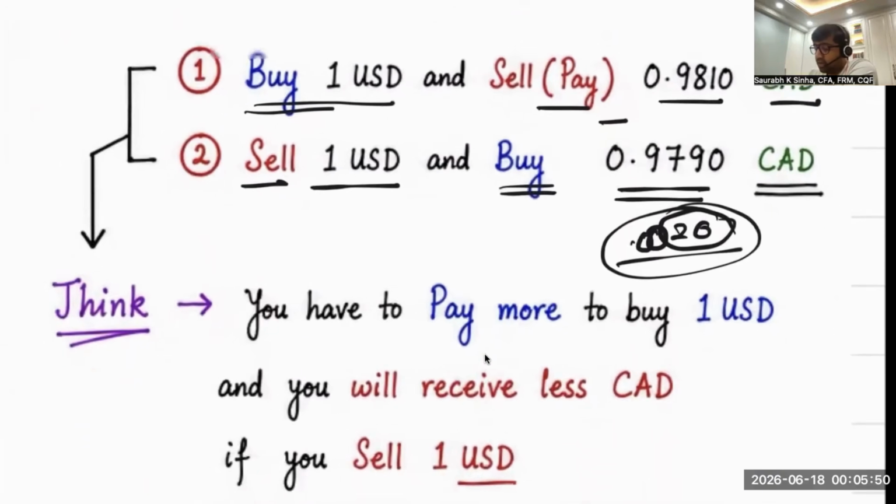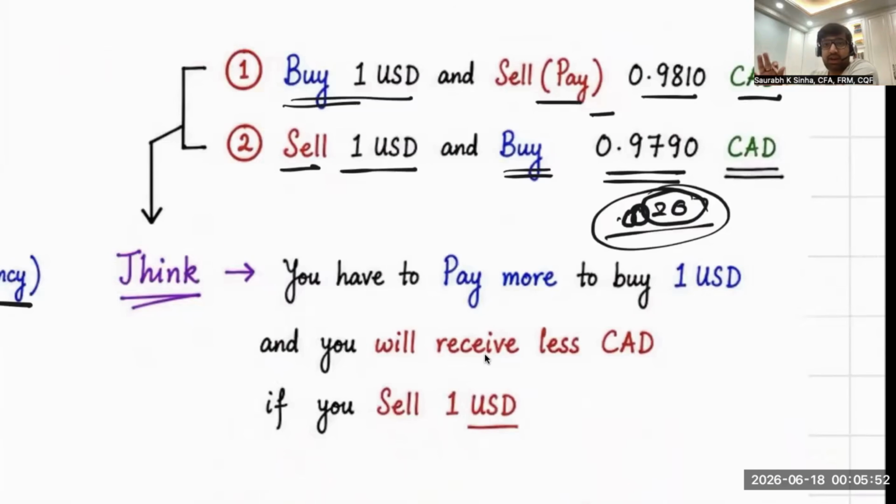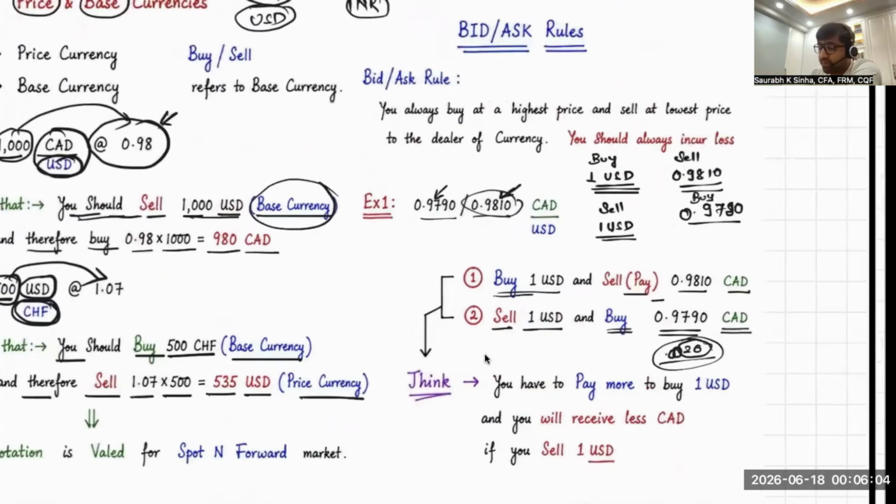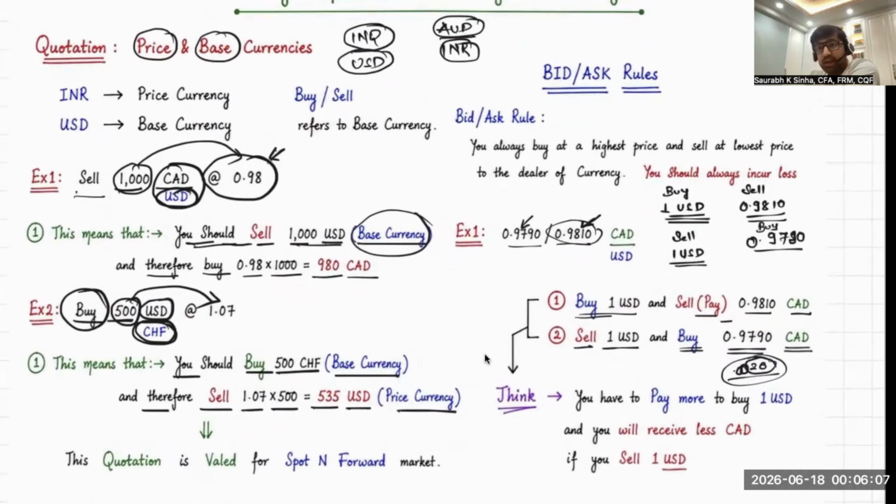So what do you have to think in the bid ask rate? If the bid and ask rate both are given in a question, you have to pay more to buy a currency and you will receive less if you sell a currency. That's it. We talked about two things: whenever they are talking about buying and selling, it is about the base currency. And there is not only one quotation.